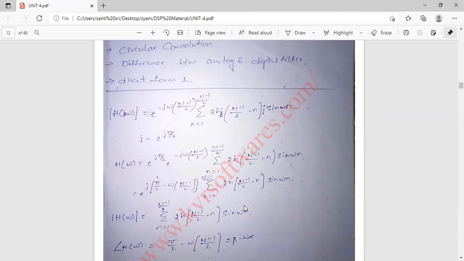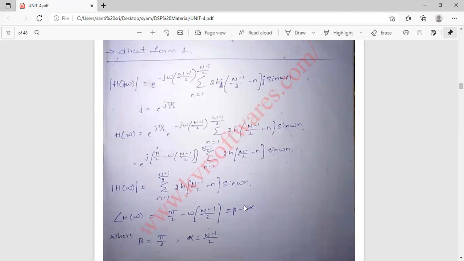So that mod H of omega is sigma n equal to 1 to (N-1)/2 of 2 h of (N-1)/2 minus n into sin omega n, and phase angle of H of omega is pi by 2 minus omega (N-1)/2, that is beta minus omega alpha, where beta is pi by 2 and alpha is (N-1)/2.